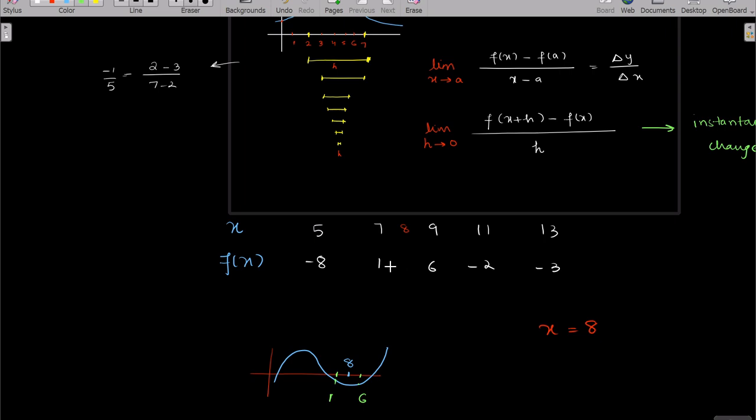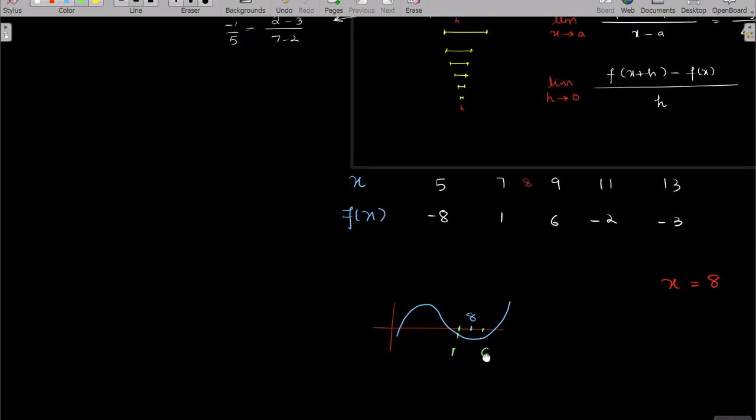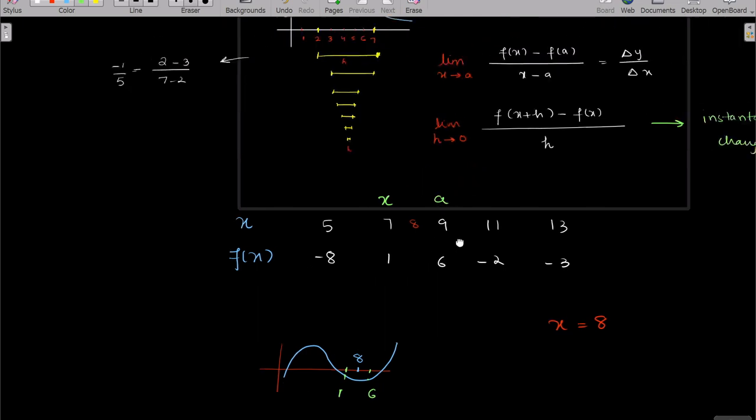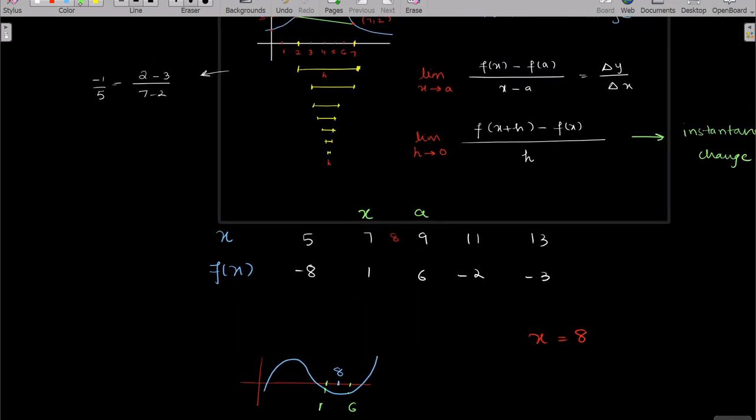So we will try to approach 8 from the left hand side and from the right hand side. So this point becomes x and this point becomes a, and we can use this formula.